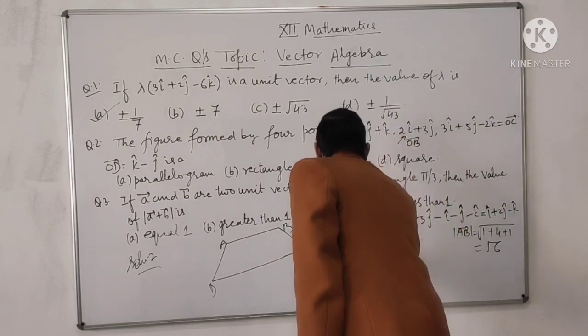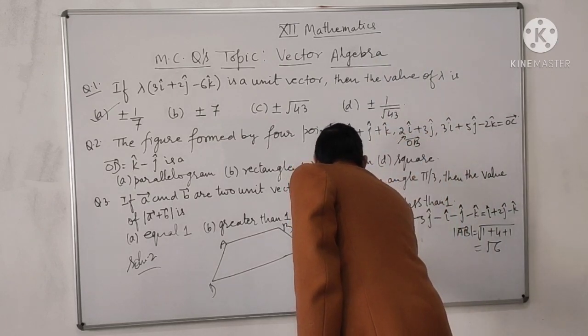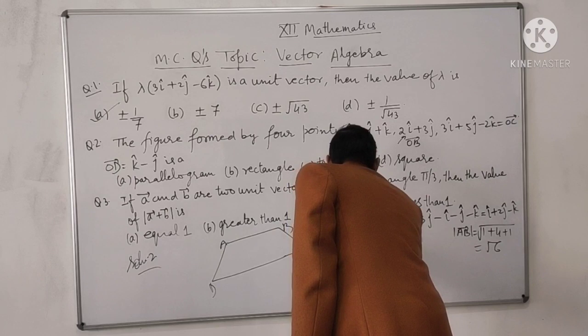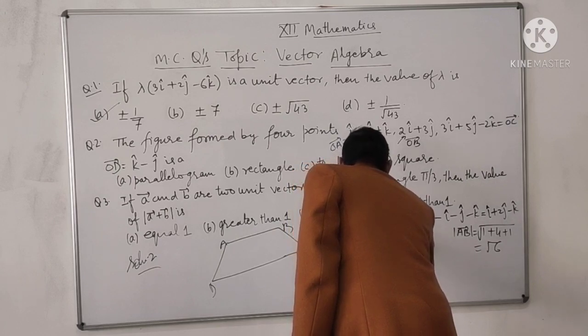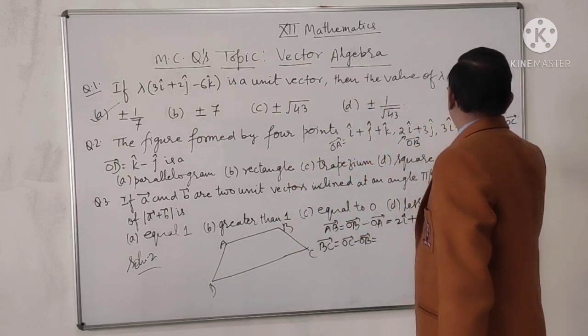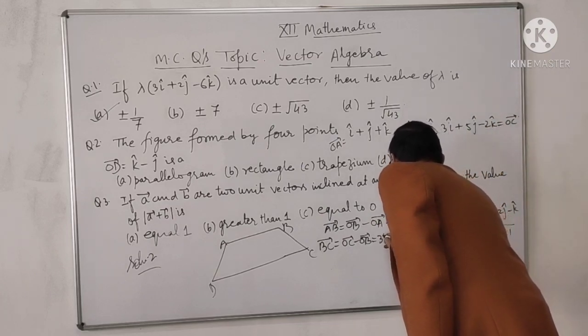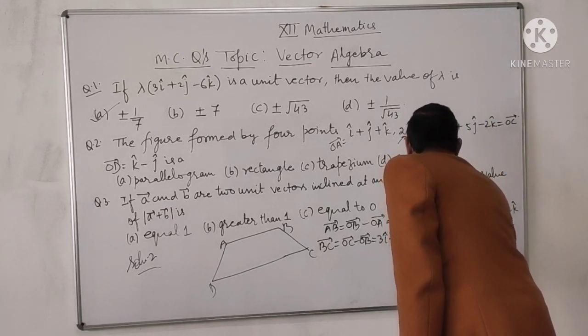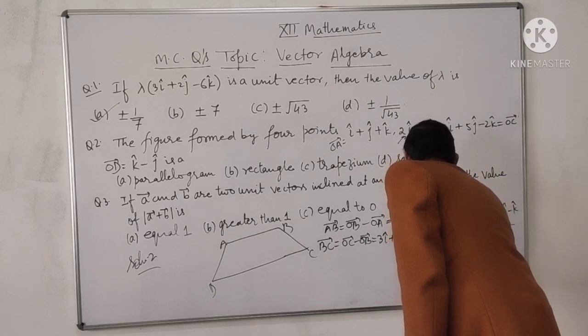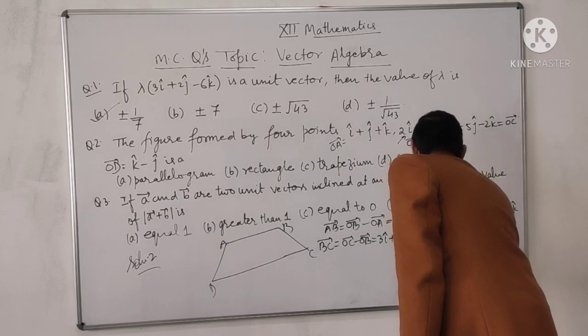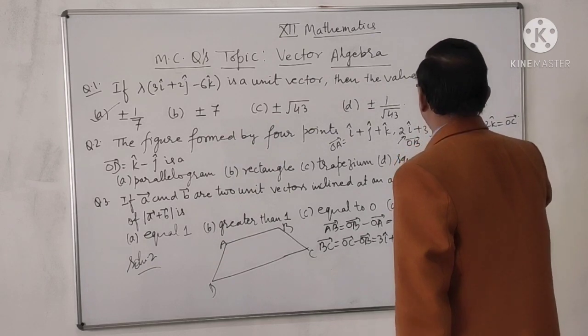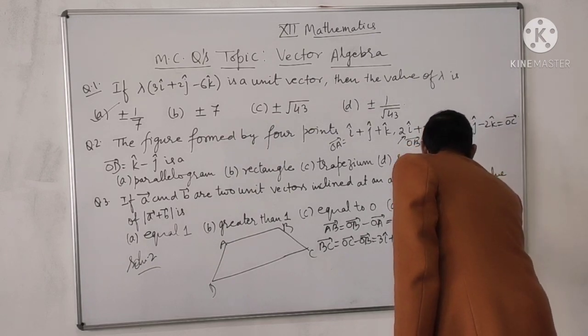Similarly, we will find the BC vector. It is OC minus OB, and it is OC 3i cap plus 5j cap minus 2k cap minus 2i cap minus 3j cap.